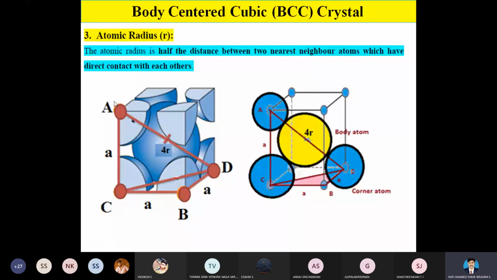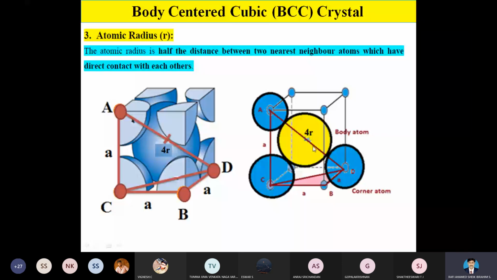To measure the atomic radius, I have given the parameters here. I have taken atom A, which is a corner atom, and I have considered the body-centered atom, shown here in yellow color.